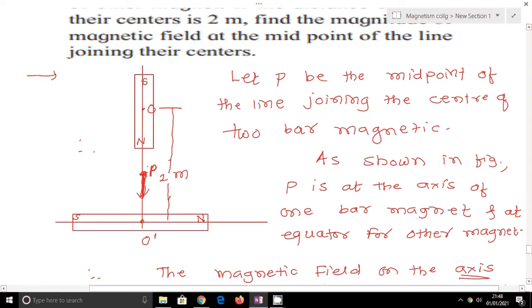So this is the direction of B_A. Here the equatorial magnetic field is directed in this way, that is, away. So this is the direction of B equator.